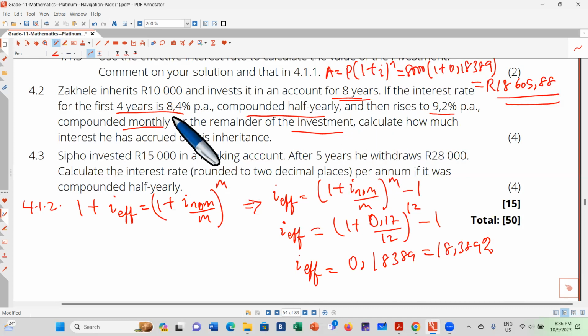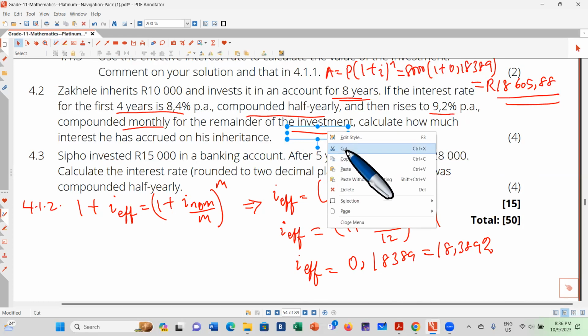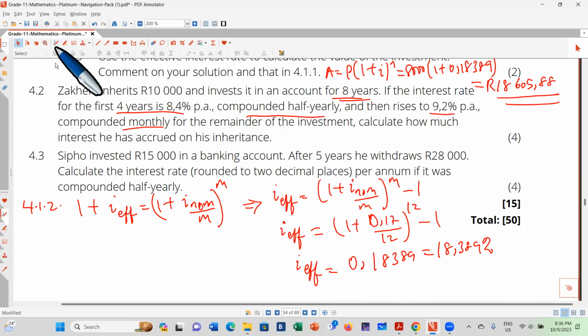So you have 4 years at 8.4, and then 9.2 for the remainder, another 4 years. Calculate how much interest he has accrued on his inheritance. All right, so remember that at this point, we're speaking of Zakele.